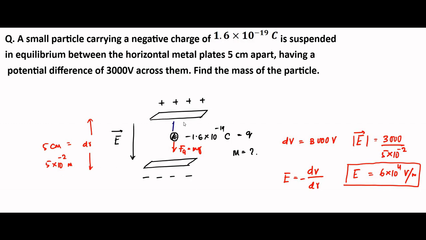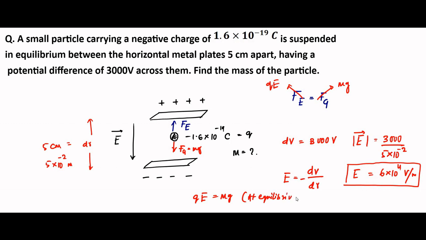So an upward electrostatic force of repulsion. Since it is in equilibrium, the electrostatic force is equal to the force of gravity. The electrostatic force we know is equal to QE, and this is equal to mg. So QE is equal to mg at equilibrium.